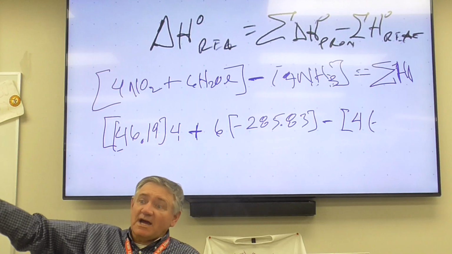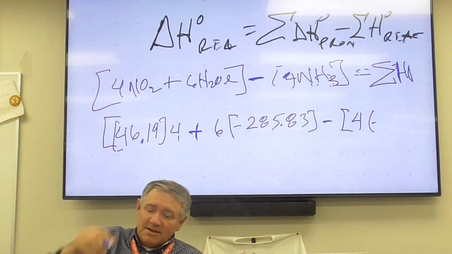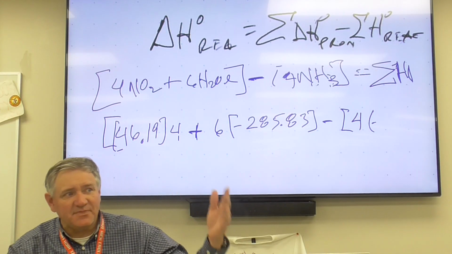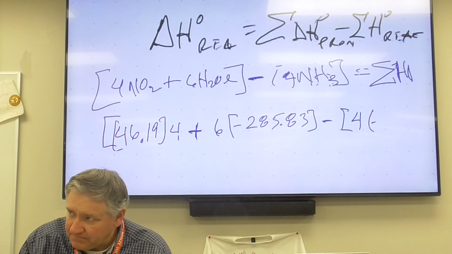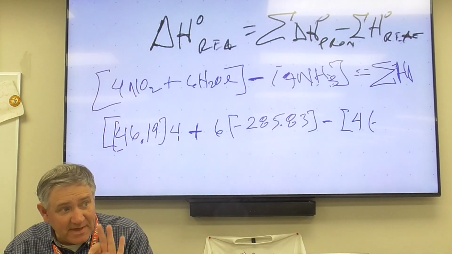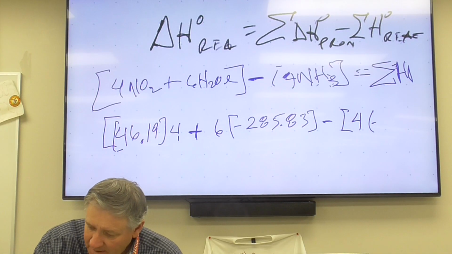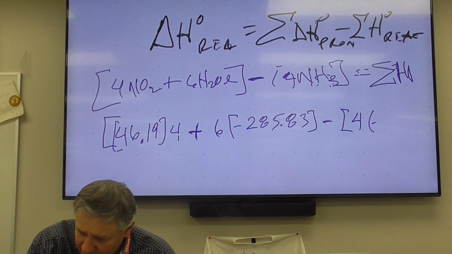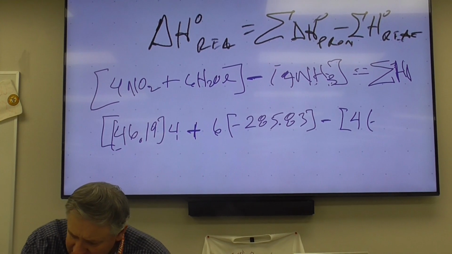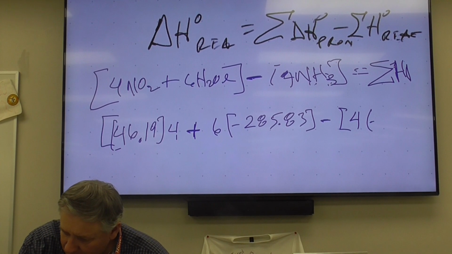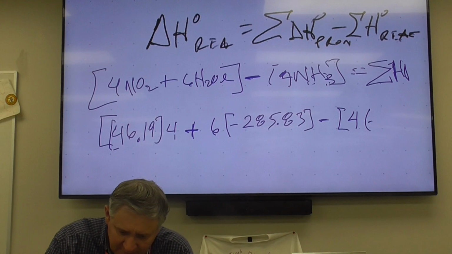Don't switch the signs like, oh, but that's a reactant. This is why you subtract that negative, which mathematically means you end up adding it. That's why you keep that as the negative value. And that was negative, whatever the ammonia is, negative 46.19. No, your NO2s, I screwed that up. Your NO2s are 33.84. My bad.